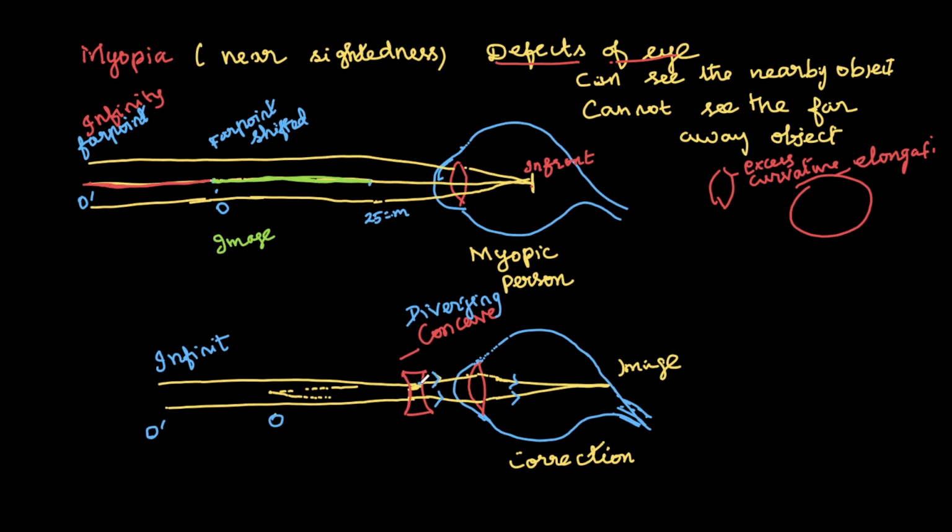The light falling on the concave lens gets diverted and then falls on the eye lens, and the lens is able to focus the light on the retina. So the image will be formed at the retina. So the person is able to see the faraway object clearly by using a concave lens.